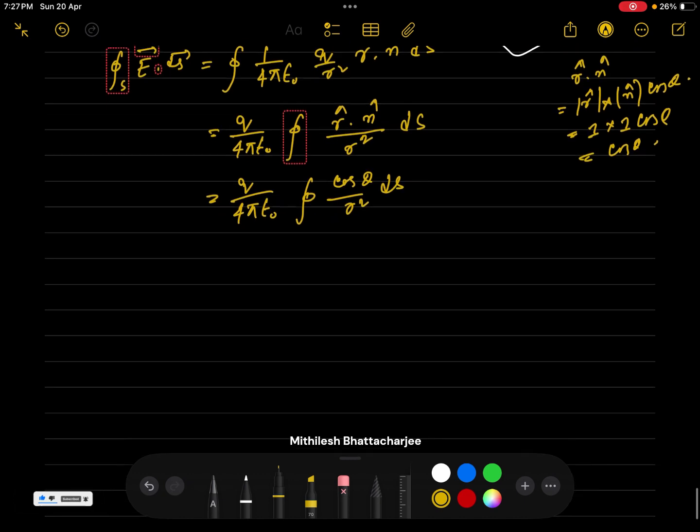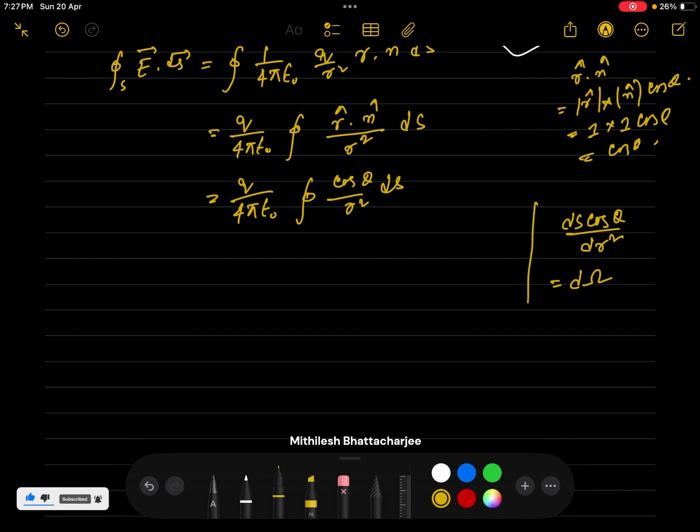Now see, ds cos theta by r square is what? As per the solid angle concept, this is d omega, right?